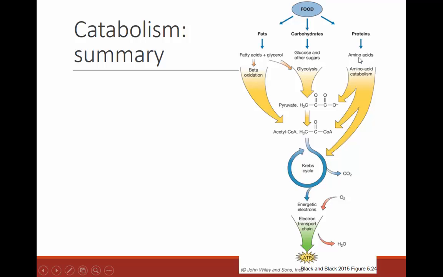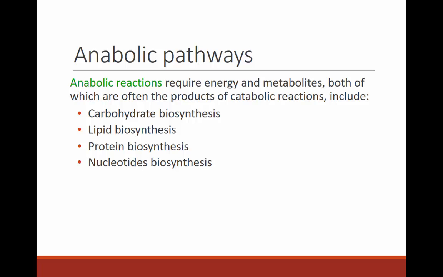Proteins are broken down to amino acids, and they can go into different parts of that glycolysis and Krebs cycle as well. But the outcome is energy. Okay, so you get different amounts of energy from each of those, with fats being the producers of a lot of energy. So that's the breakdown pathways.